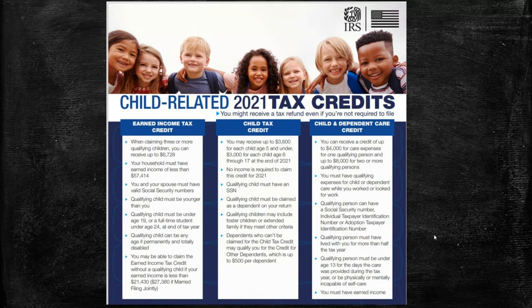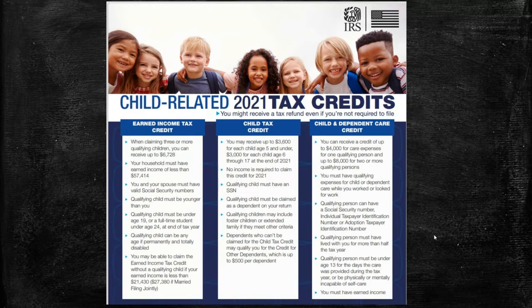So that was the largest change. It used to be capped at $2,000 per eligible individual. They increased that, and then they allowed taxpayers to receive a portion of that credit in advance. And I will go into more detail on that one in a later slide here.